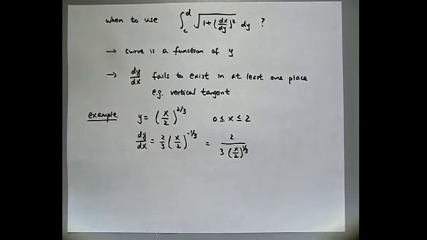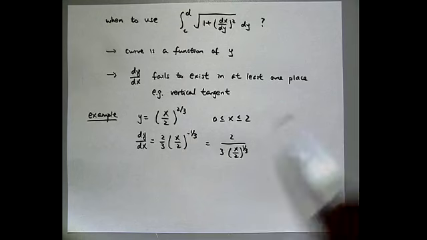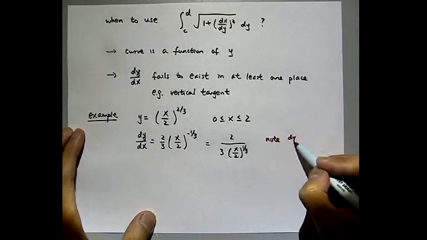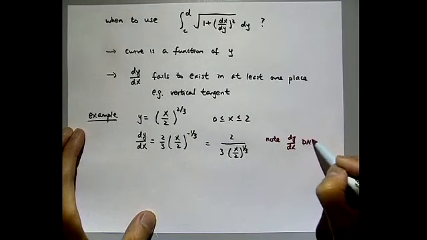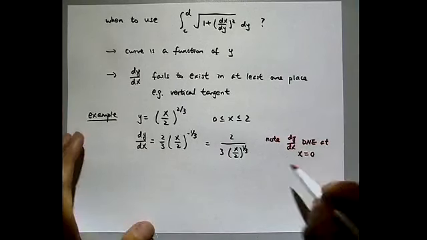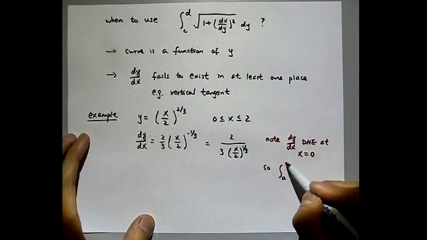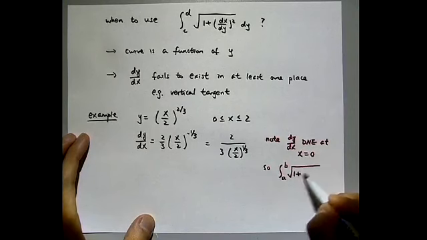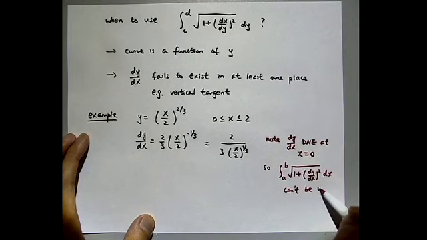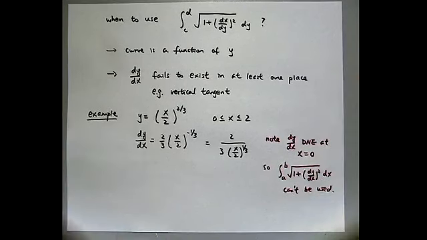And that thing is downstairs. Okay? And now you see, dy/dx is undefined at x equals 0, right? So therefore, the previous form can be used.